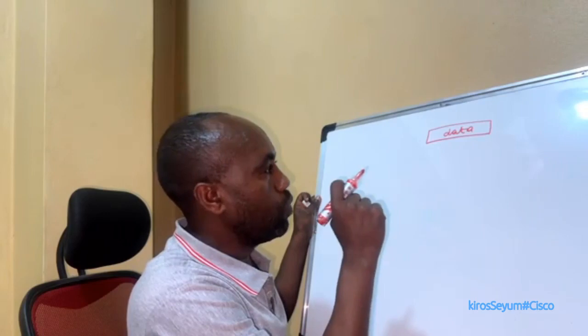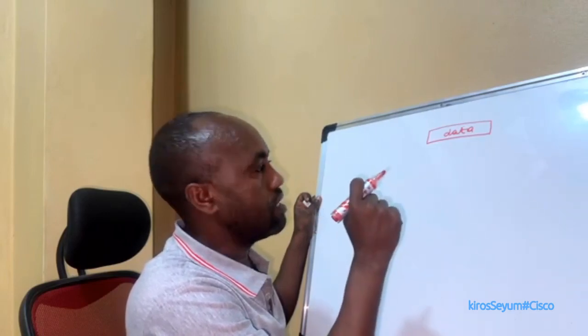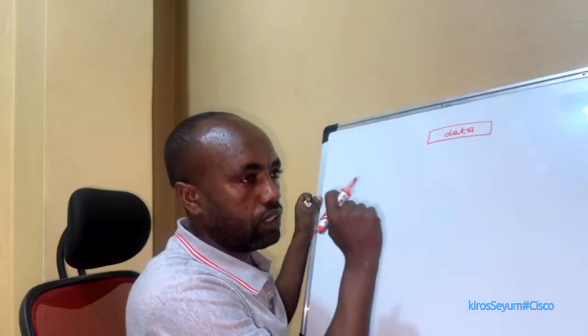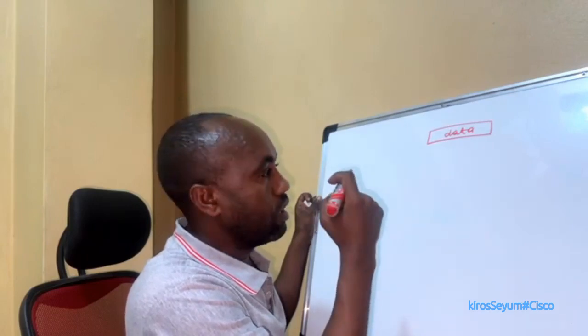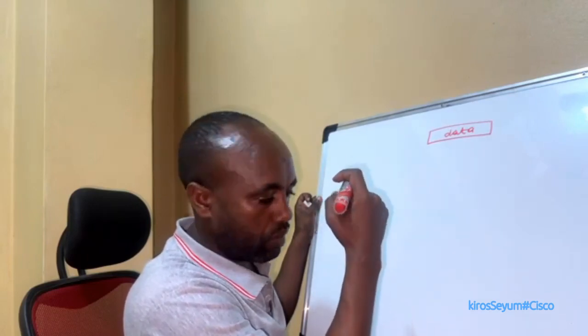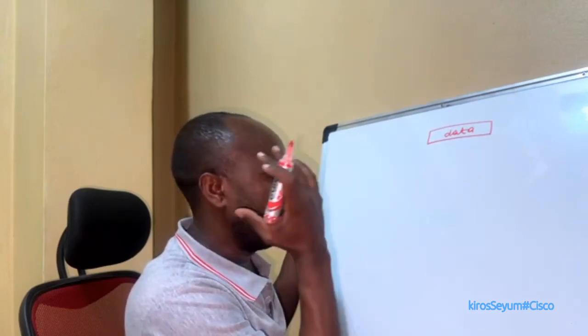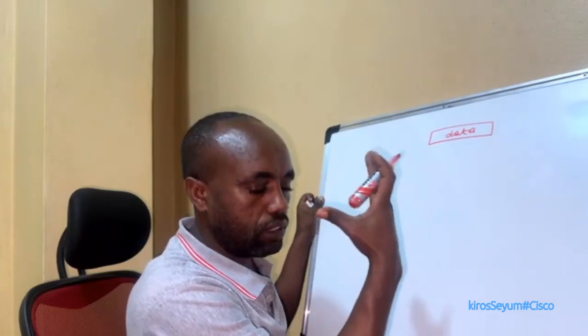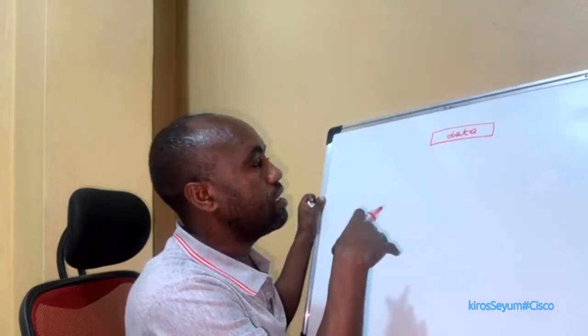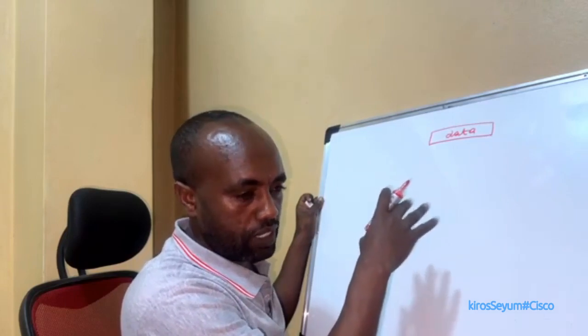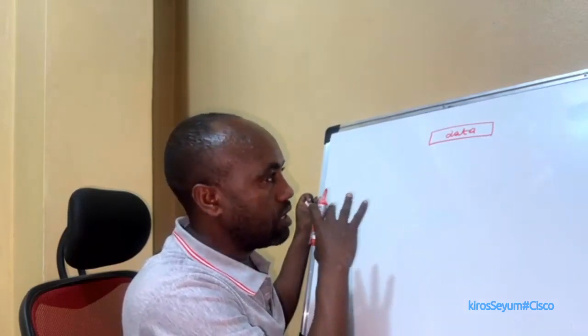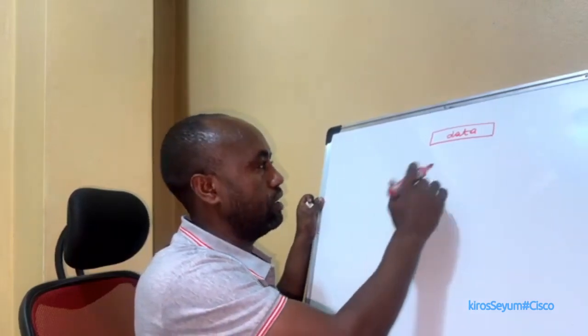So when we talk about data, these are the zeros and ones. The zeros and ones have to be converted into analog so that we can interpret them by our ears or see them with our eyes. But the zeros and ones are the important thing. What we transmit is this data from the source to the destination.